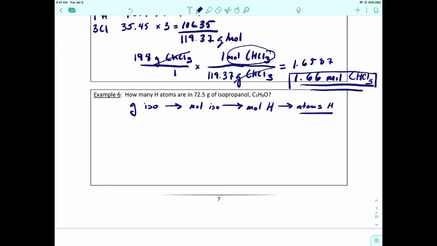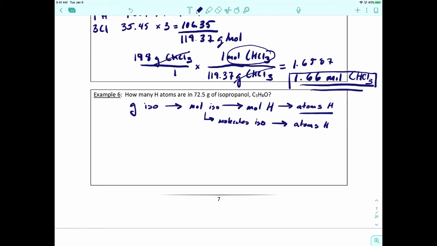And that gives us the answer that we're looking for. The other way is that once we know moles of isopropanol, we could figure out molecules of isopropanol, and once we're in molecules of isopropanol, we can get to atoms of hydrogen. Either way you go, it's going to give you the same answer.